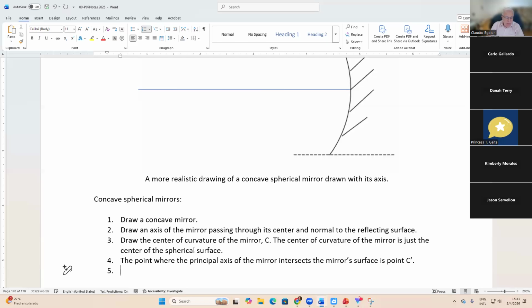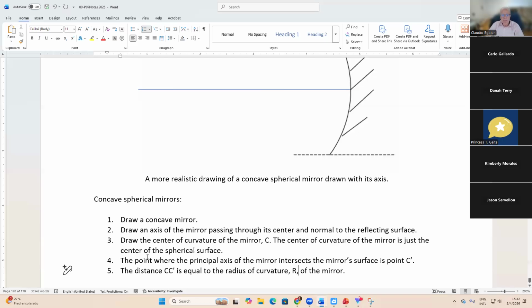The distance CC prime is equal to the radius of curvature R of the mirror.